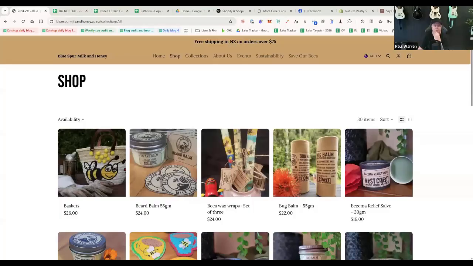So my story is that I keep bees and goats, and I make other products using beeswax. My theme is about sustainability. All of my products are paper-based, so there's no plastic, and also focusing on saving the bees. Everyone's trying to save the bees at the moment. It's good.